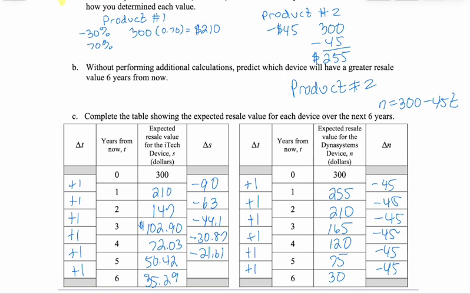But what pattern do you notice about the amount that's coming off, the change in price each time? What do you notice about those price values? Each time they're going down. That's because we're taking 70% of something that is smaller than the one we took before.